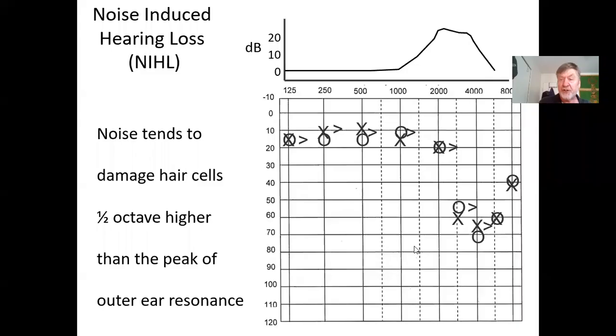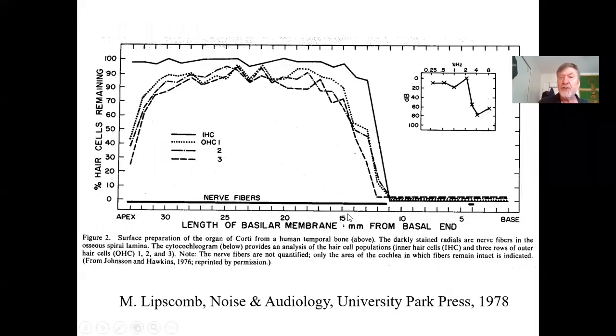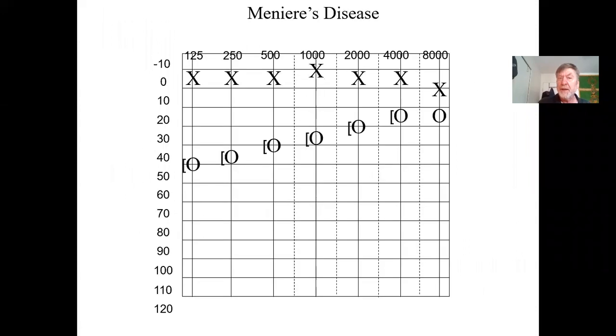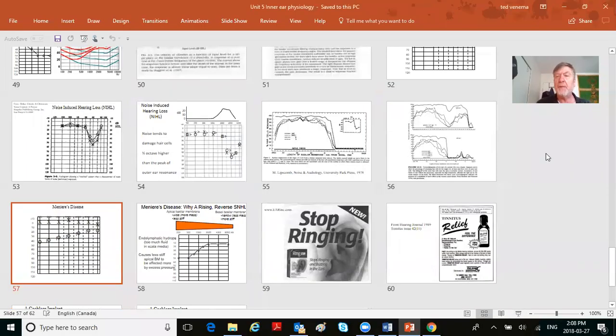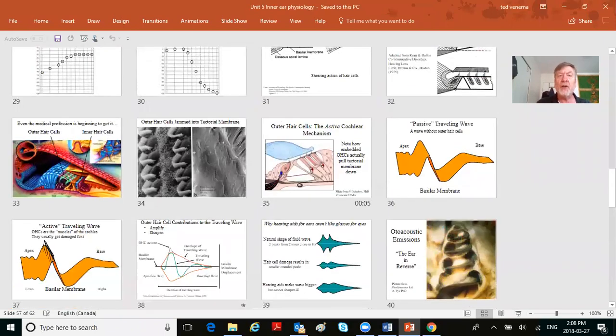Okay, so the third type of hearing loss that we're covering just now here to give you an introduction is Meniere's disease. Now this is caused by too much endolymph fluid in the scala media. Too much endolymph fluid in the scala media. Now if I hit escape here, and we go up and take a look inside.